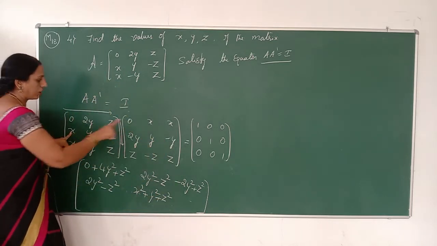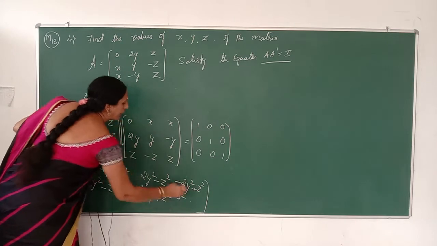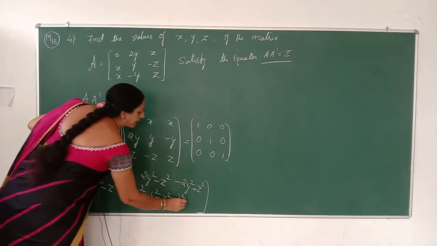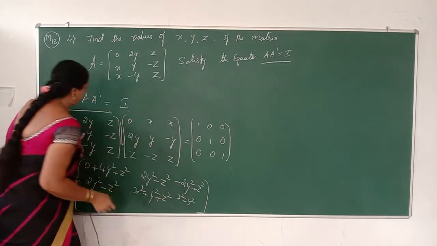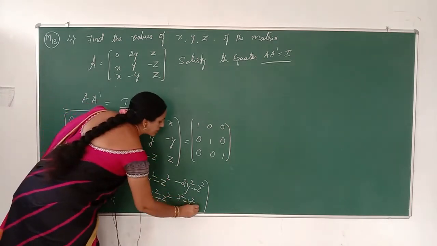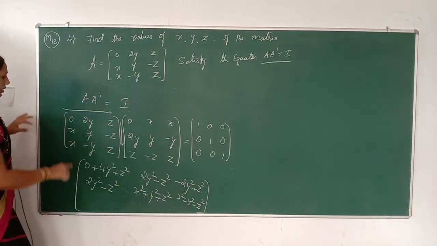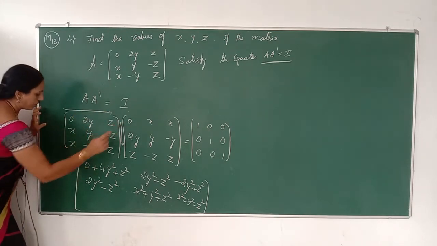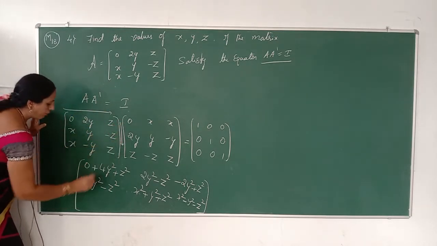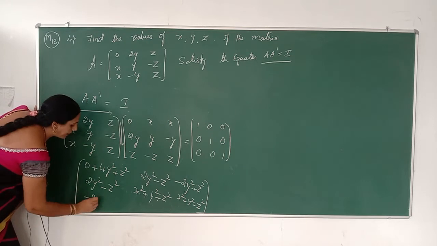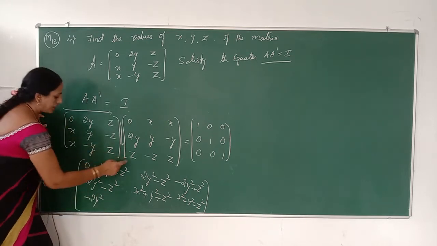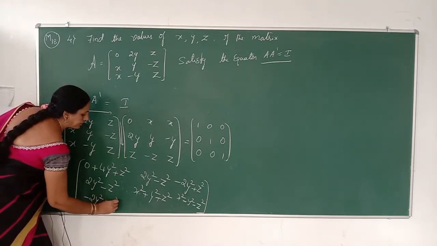Second row, third column, x into x is x square, y into minus y is minus y square, minus z into z is minus z square. Similarly, in third row first column, 0 into x is 0, y into minus 2y is minus 2y square, z into z is z square.